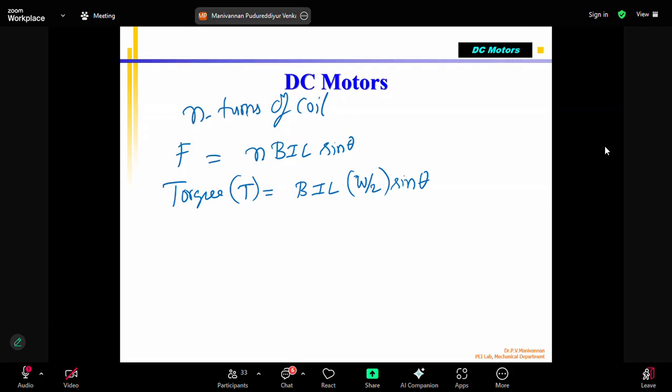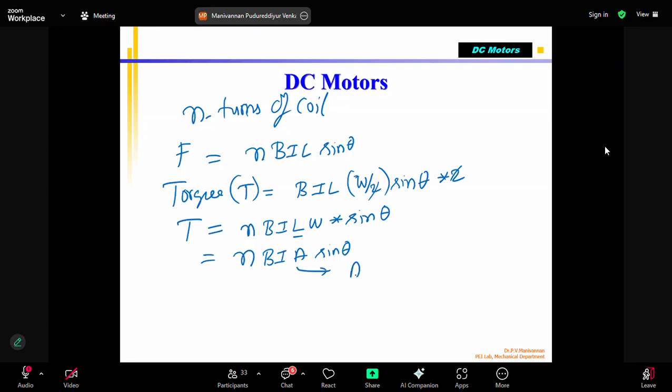Okay, so into 2, because there are two sides. This 2 and this 2 will go away. So we can say that torque T equals N into B I L W into sin theta. L is the length, W is the width. So this can be replaced by N into B I A into sin theta, where A is the area of the coil.